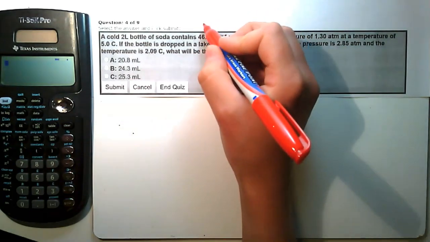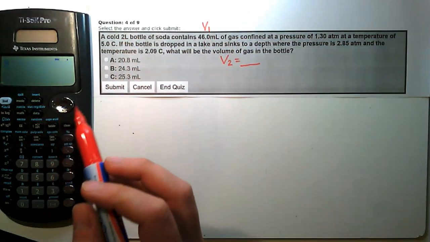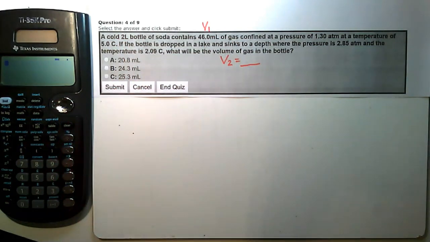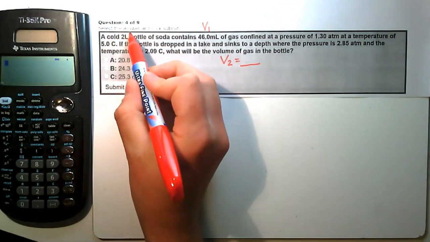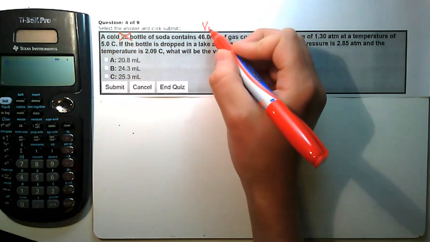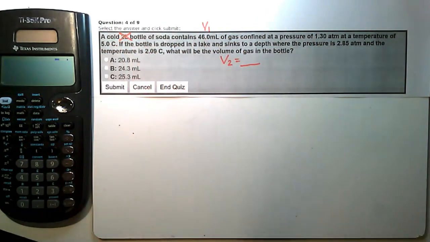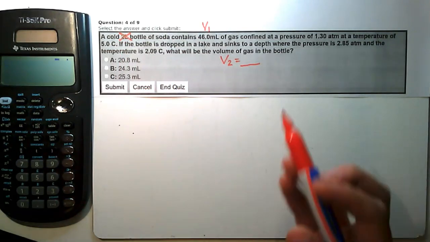And so this is our V1 value, not the 2-liter bottle. A 2-liter bottle can hold up to 2 liters of something, but it doesn't have to be full. And so this 2-liter bottle is kind of extraneous information. It's just telling you the type of bottle. It's not actually relevant to the problem here.